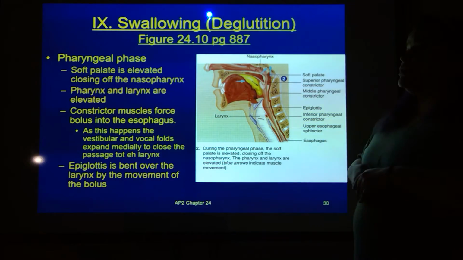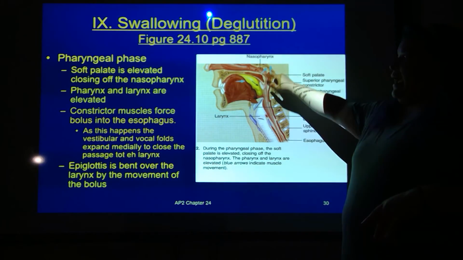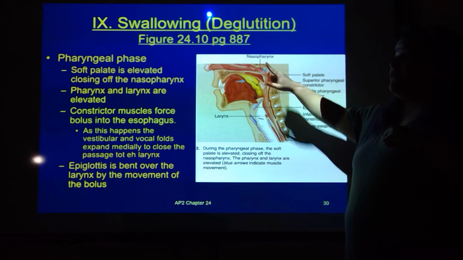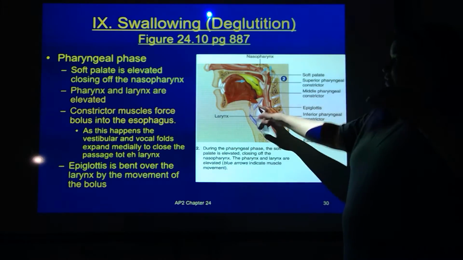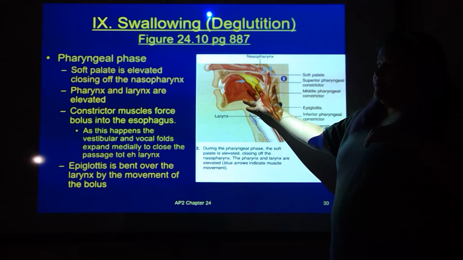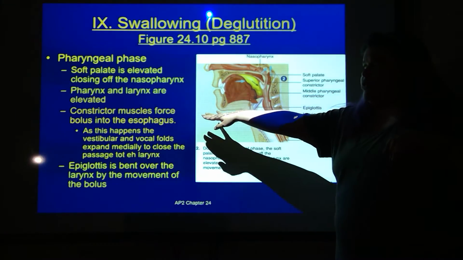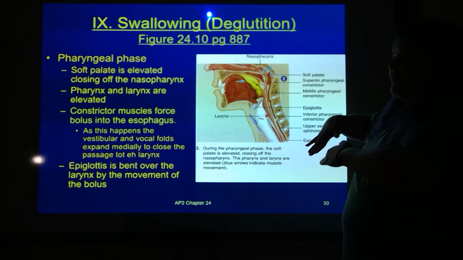In the pharyngeal phase, the soft palate here gets elevated and it closes off the nasopharynx. It closes off the nose so that food doesn't come out of your nose. The pharynx and the larynx actually get pushed up. And as this gets pushed down, you've got constrictor muscles forcing that food into the esophagus.